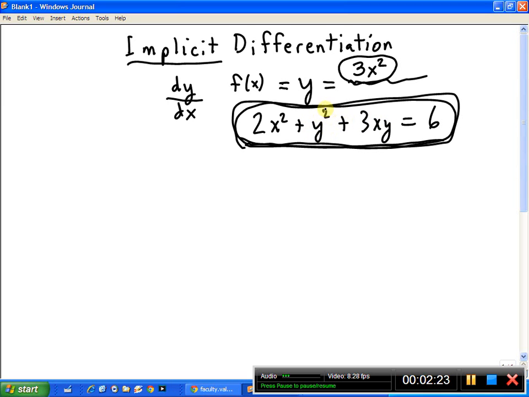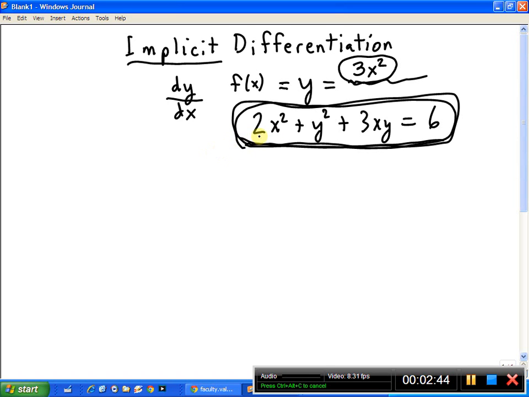Those are the only y's in this equation, and therefore this makes this equation a quadratic equation in terms of y, and I do know how to solve quadratic equations. I could whip out the quadratic formula, but I'm not going to do that. There's no point. That's not the point of this exercise.